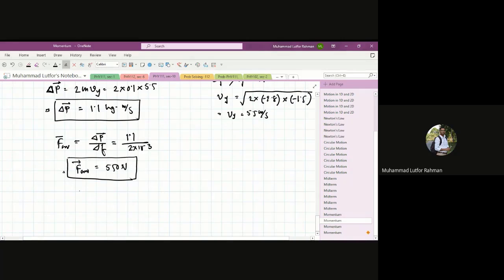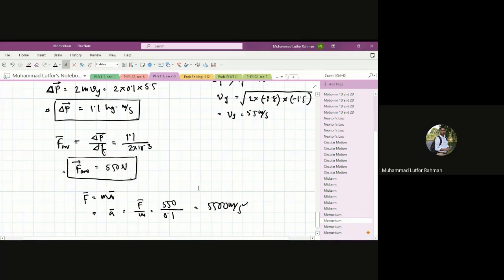If you also want to find the acceleration of the system, I know that F is ma, so the acceleration is F divided by m. F is 550 and m is 0.1. If you do that, the acceleration would be 5,500 meters per second squared.